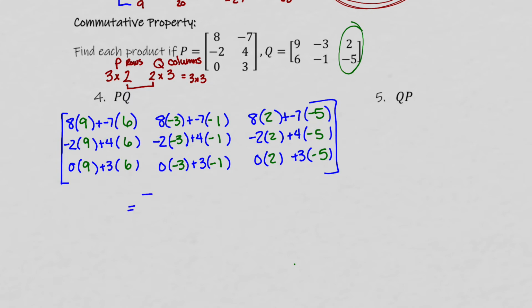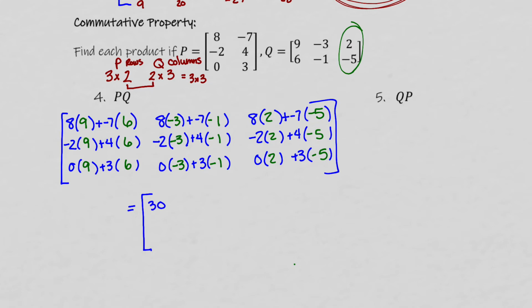Okay. You can use your calculator to find these terms if you want. Just enter in that whole thing in your calculator in the order it's in. Okay, so let's see. 72 plus a -42 would be a 30.